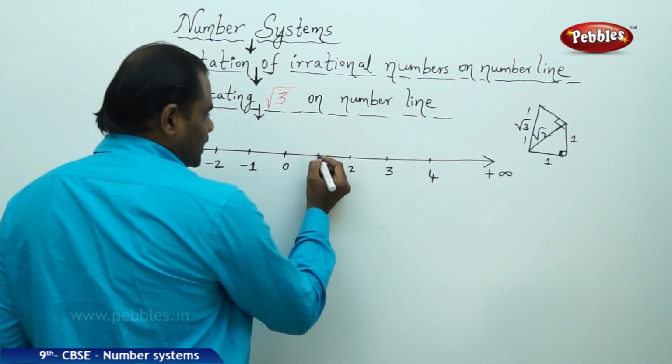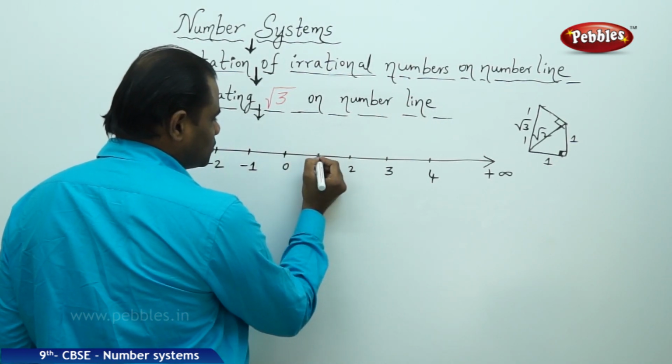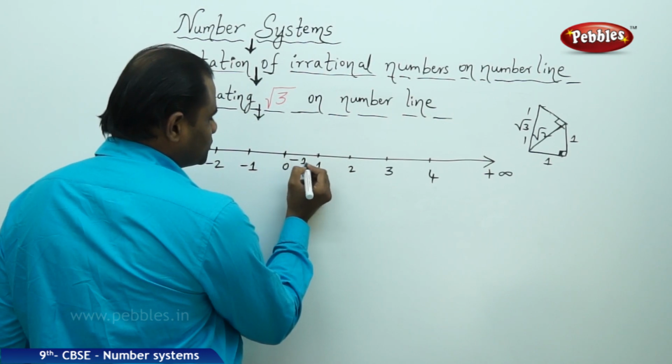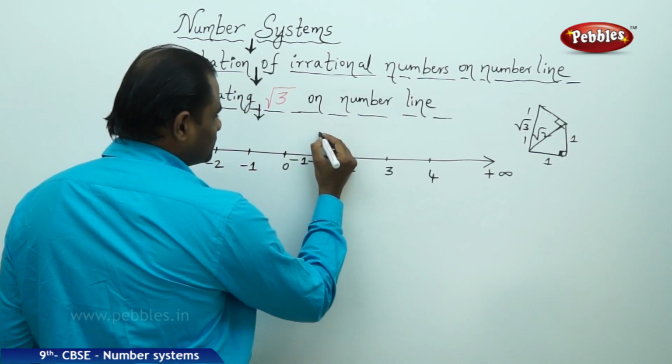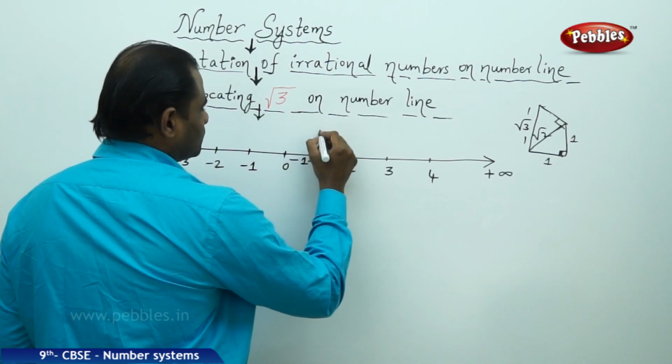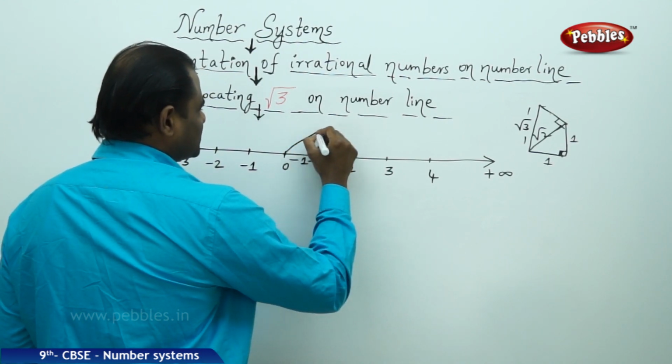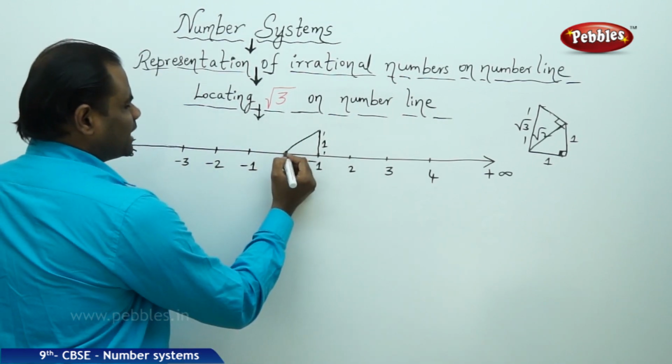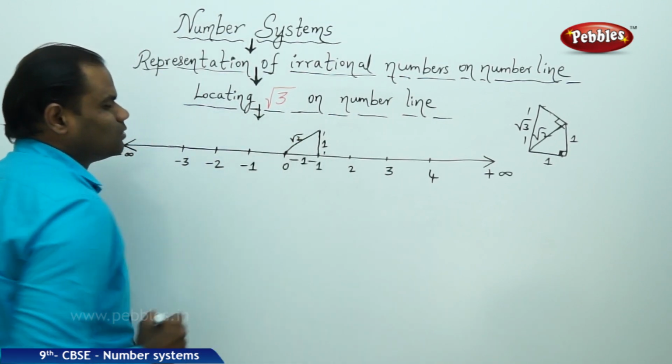So when I take an isosceles right angle triangle from 0 to 1 with 1 unit each, this extends in the diagonal with root 2.